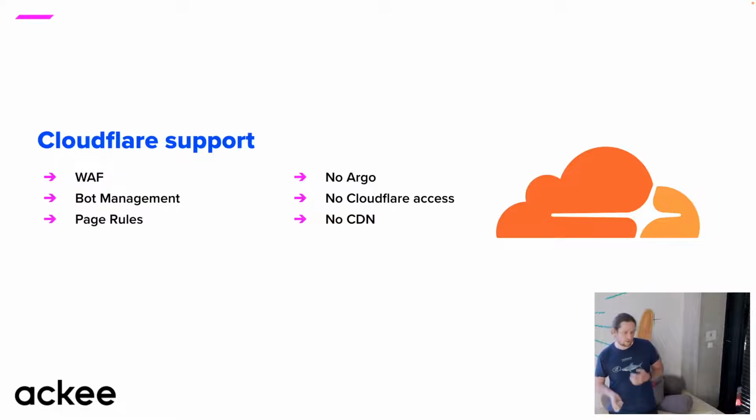You have bot management, which is kind of odd. I'm not really sure if Google is able to ask some gRPC endpoints about some search engine data. You have page rules, which is kind of important, really nice and convenient. There is no Argo tunneling, no Cloudflare Access, which is kind of reasonable. And of course, since everything is HTTP POST, there is no CDN you can use.